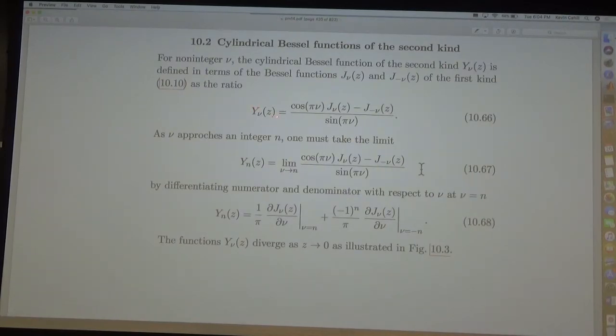They're called Y_nu, and one writes them this way: cosine of pi nu, J_nu of Z minus J of minus nu of Z, and you divide the whole thing by sine of pi nu. Now remember, J sub minus n is essentially a phase factor times J sub n.